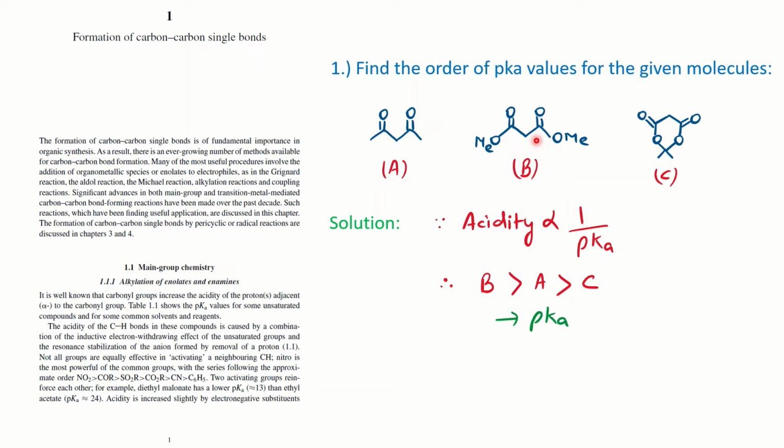In structure B, this is the less stable carbanion, because you have an electron donating group here which will delocalize with this carbonyl group, and if you abstract the proton from here, the proper delocalization of electrons won't be there. So this is the least acidic compared to the third, therefore it will have the highest pKa value, and based on this concept you can solve this question.